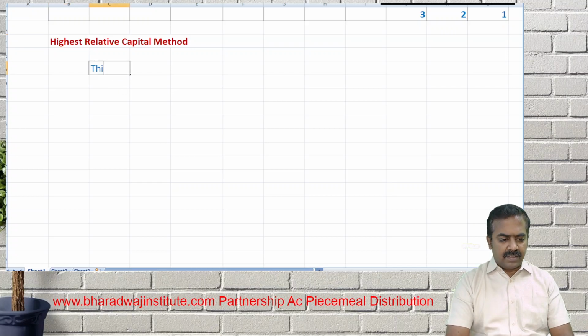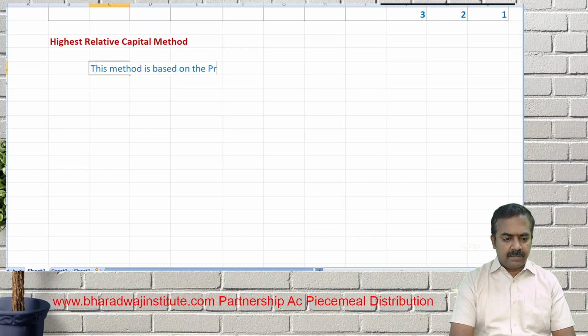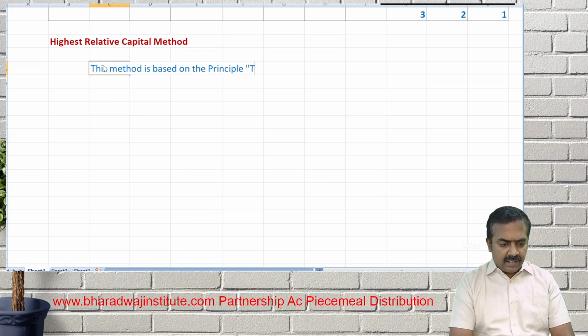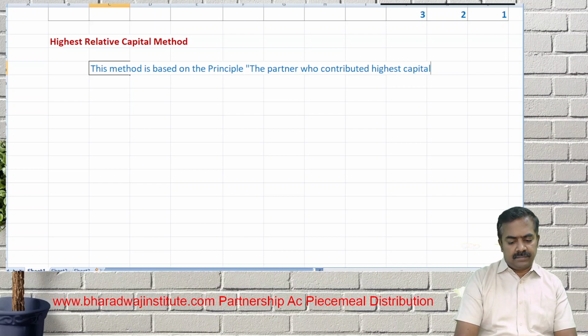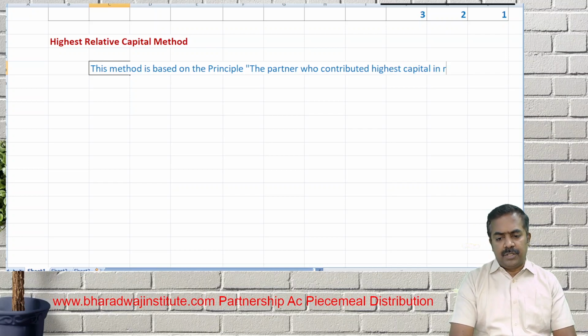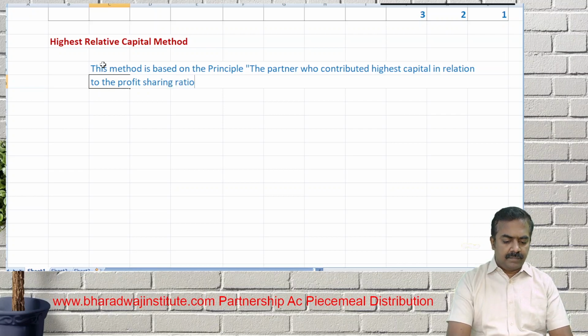This method is based on the principle: the partner who contributed highest capital in relation to profit sharing should be first paid back.